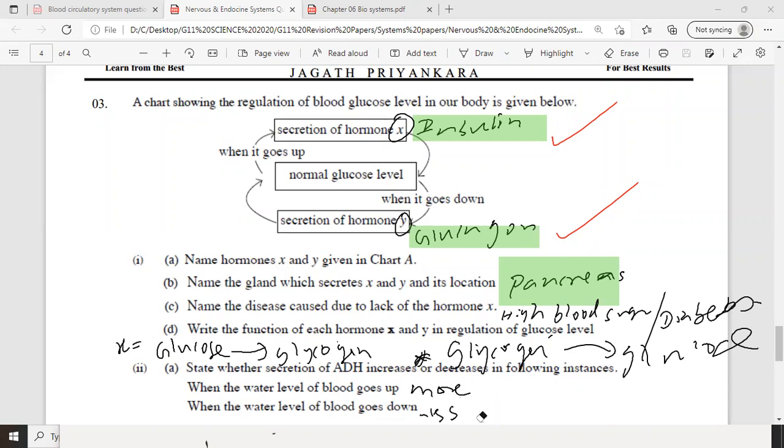Okay, I'm writing on the screen. Less ADH, or more ADH.